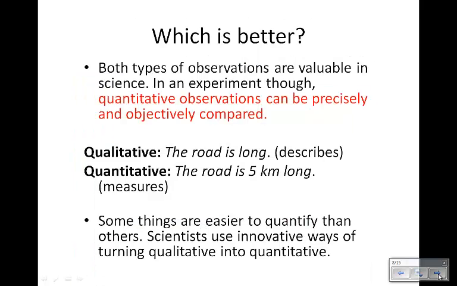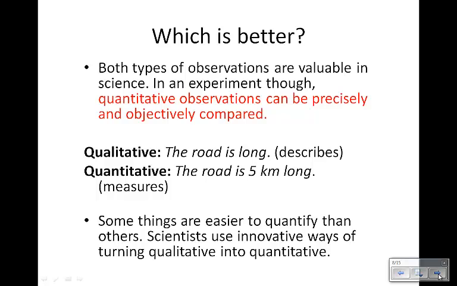So which type of observation is better? They're both valuable in science, but in an experiment, sometimes it's more useful if you make a quantitative observation about the results, because it can be precisely and objectively compared to a different object or a different phenomenon. For example, pretend like you have a biker and you have a driver.